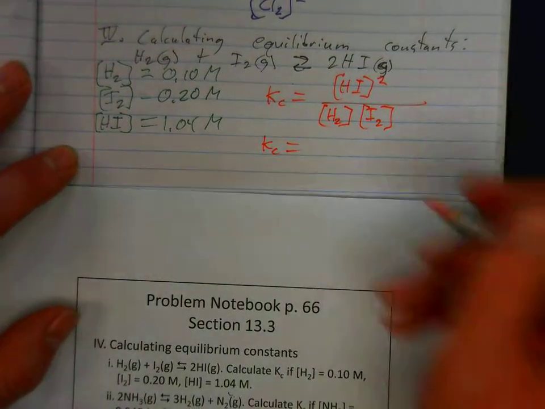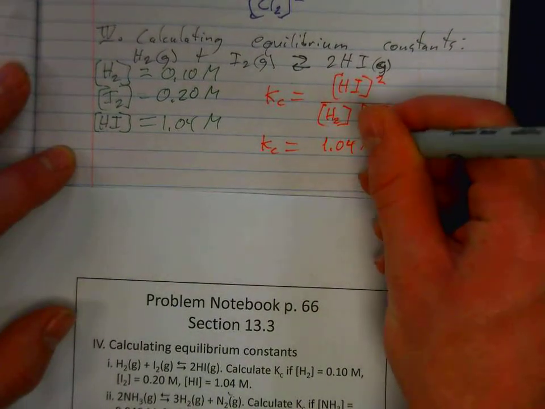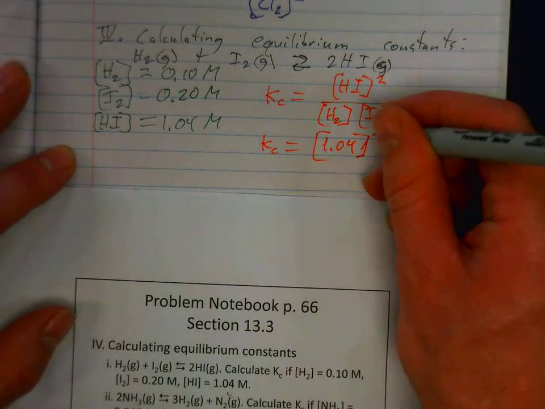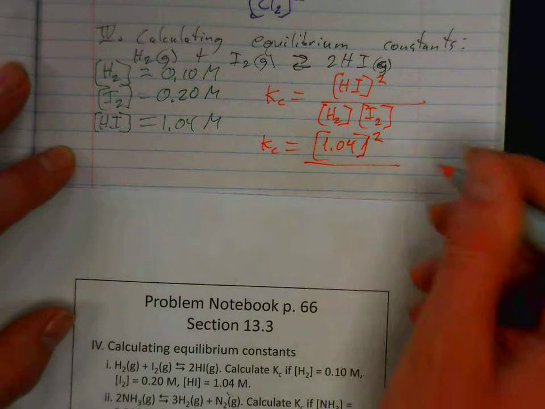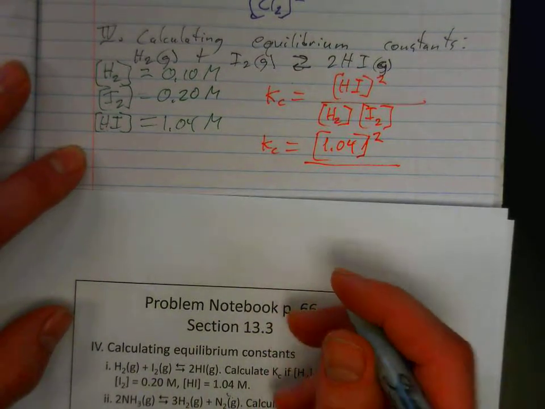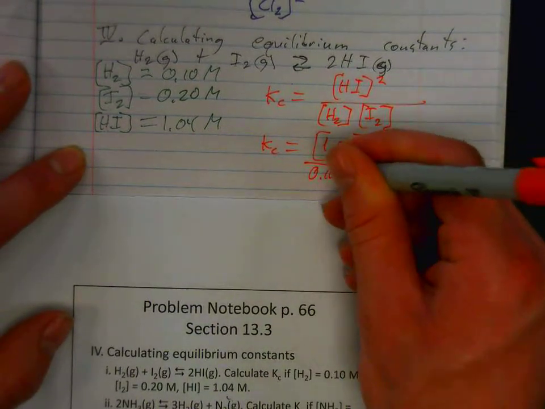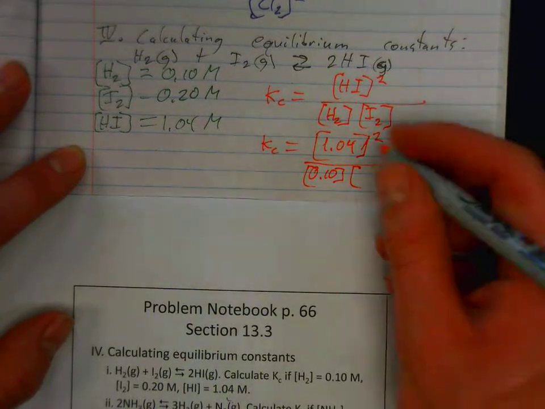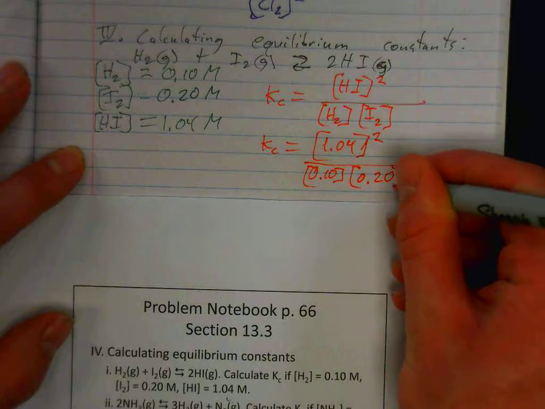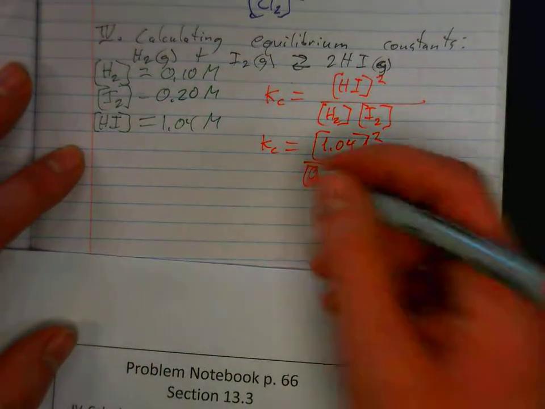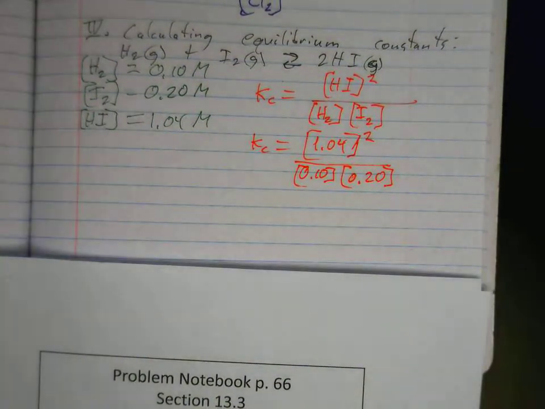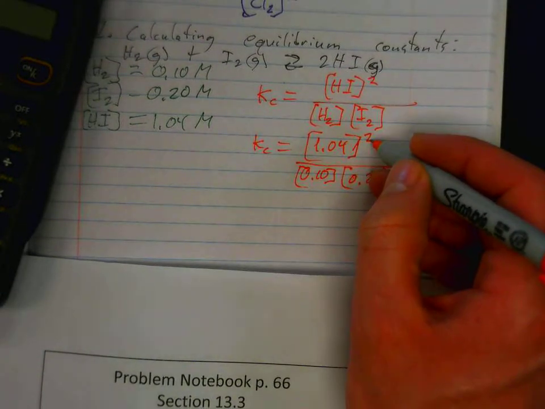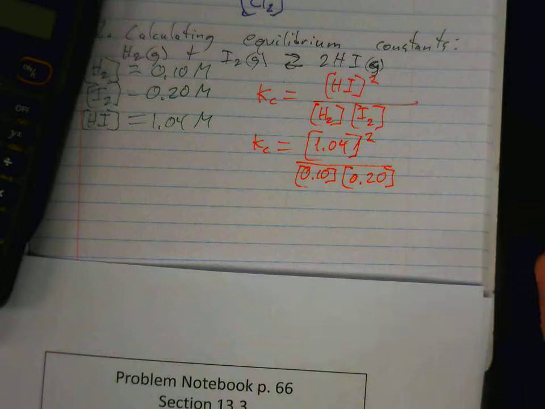So HI, 1.04, and I'm going to take the unit out, raised to the second power, all divided by H2, 0.10, times I2, 0.20. All right, now we just calculate that expression. Watch out for order of operations. We have to do the powers first before we can multiply or divide.